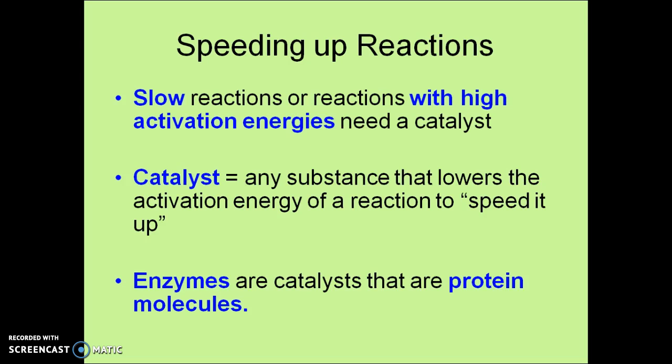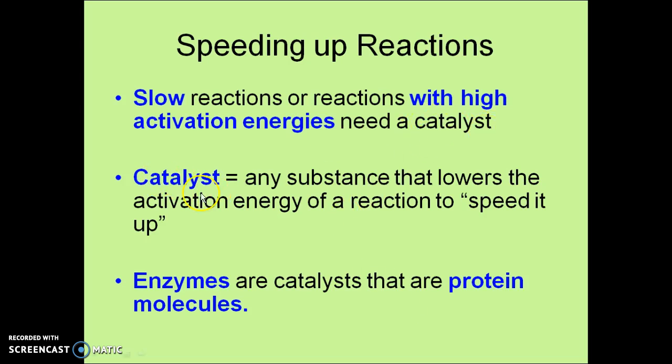Okay. Now let's say you have a reaction that's really super slow and inefficient, or you have a reaction that has a ridiculously high activation energy. We're going to need a little help with those reactions so that they proceed efficiently within our bodies. So they need something called a catalyst.